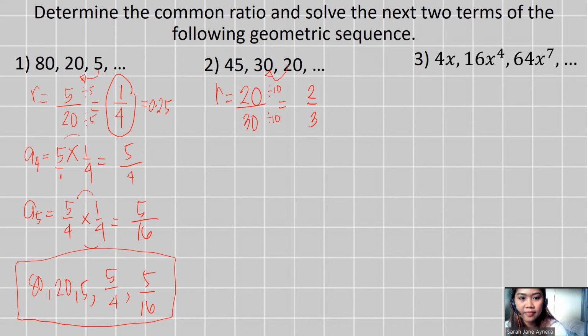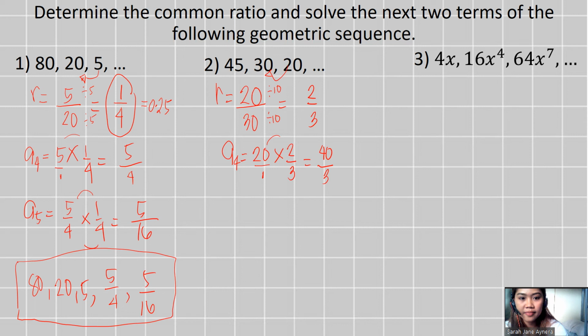So, we have here 3 terms, 45, 30, 20. To get the fourth term, the preceding term is 20 times the common ratio, 2/3. So, 20 times 2/3 is equal to, we have here imaginary 1. So, 20 times 2 is equal to 40 divided by 1 times 3 is 3. So, 40 over 3. Wala nang lowest term.